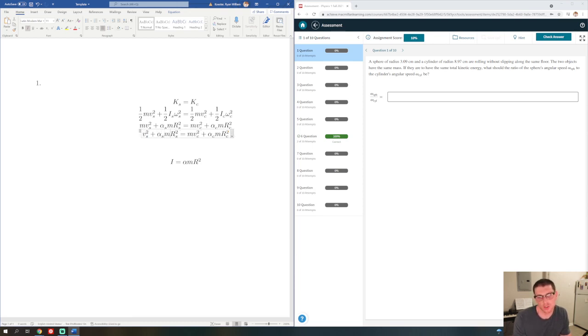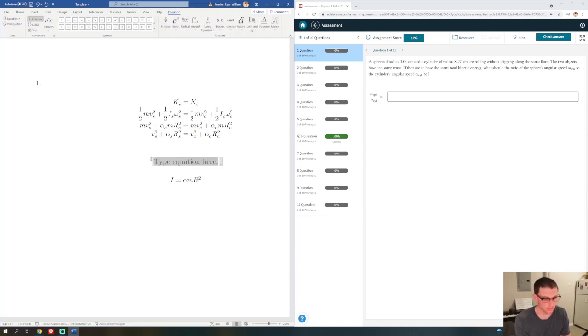It's just going to be using the no slip condition, and remember that was V equals R omega. This is the no slip condition.